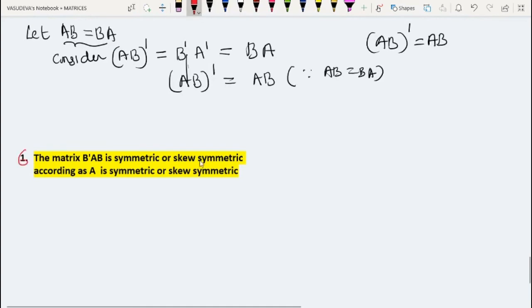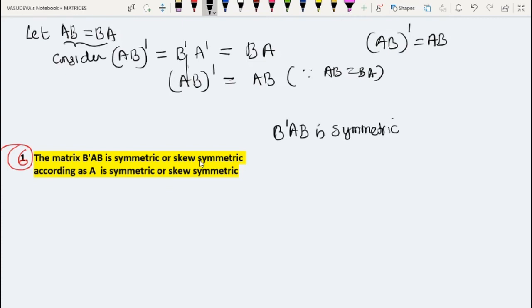Property: the matrix B'AB is symmetric or skew symmetric according as A is symmetric or skew symmetric. The meaning of this sentence is, B'AB is symmetric if A is symmetric.